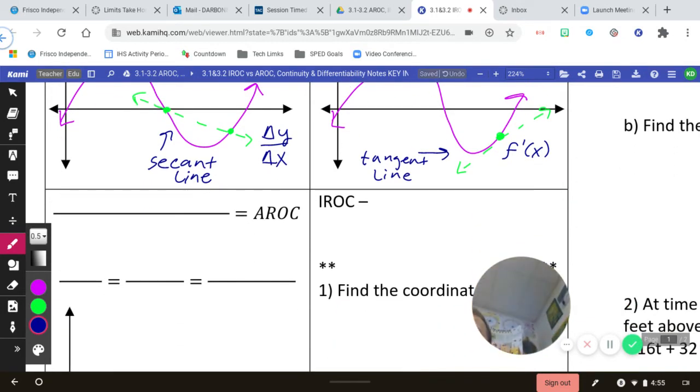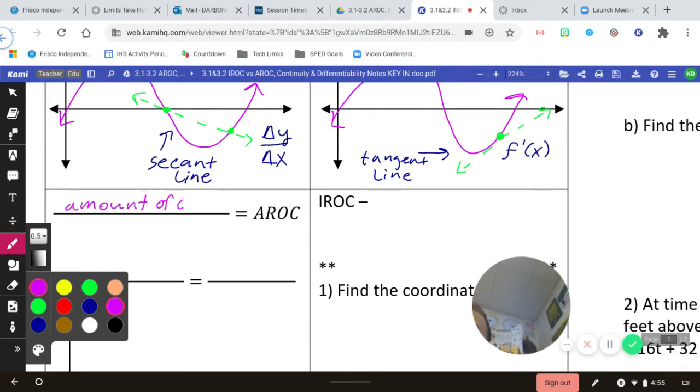So average rate of change is the amount of change over our length of interval.